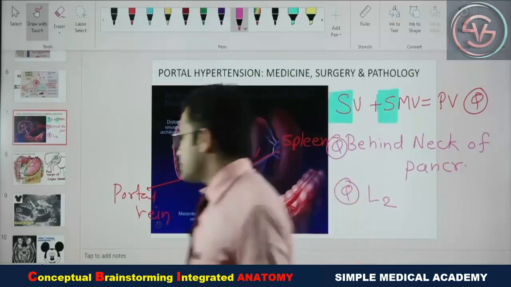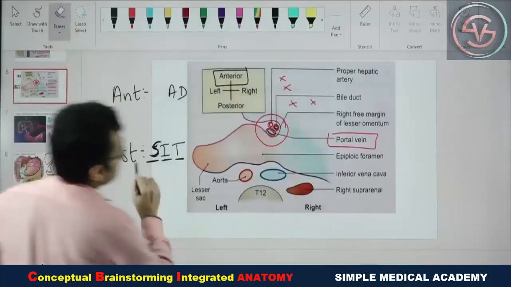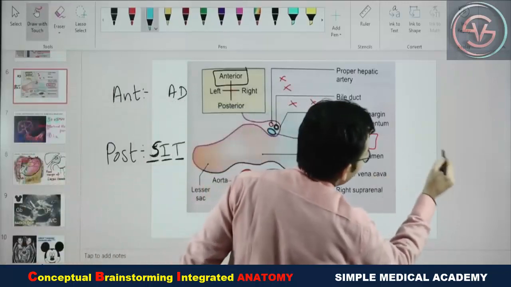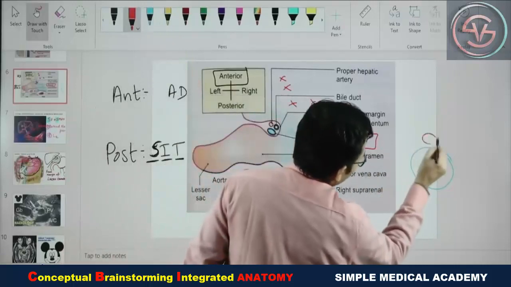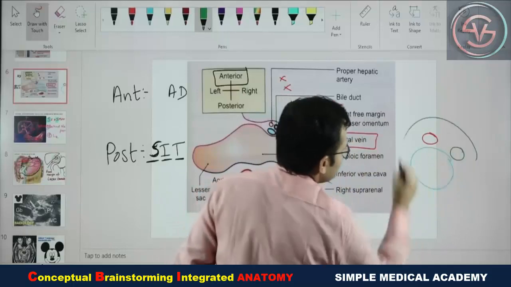So now correlate this topic. See here, suppose this portal vein is getting enlarged, so it will be drawn in this manner, and the hepatic artery and bile duct will be normal, so it will appear in this way.